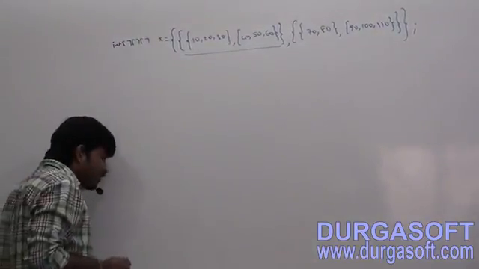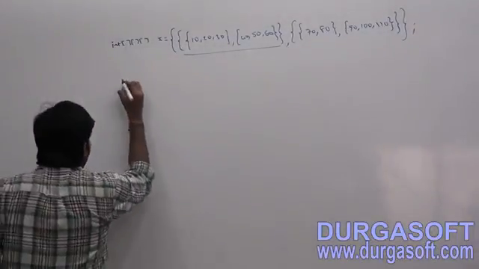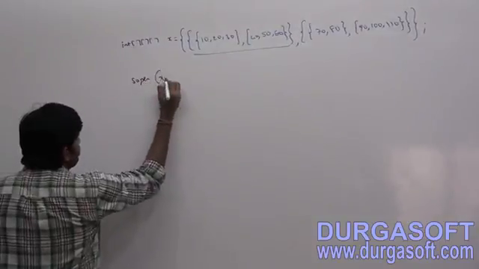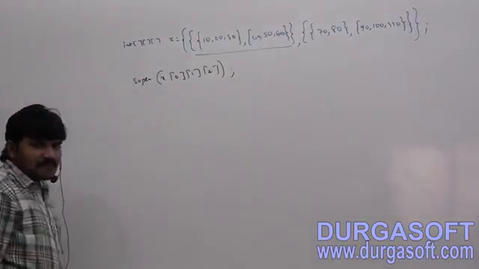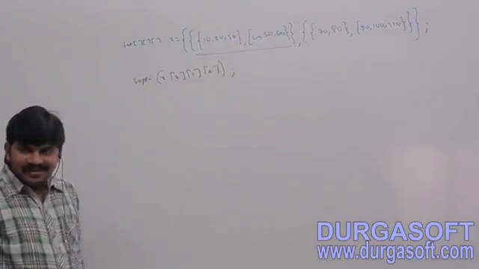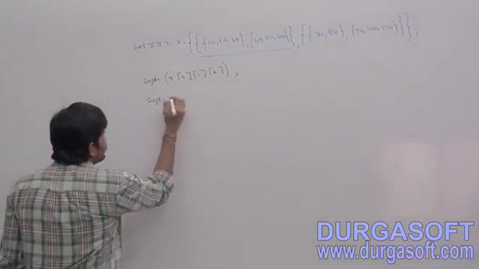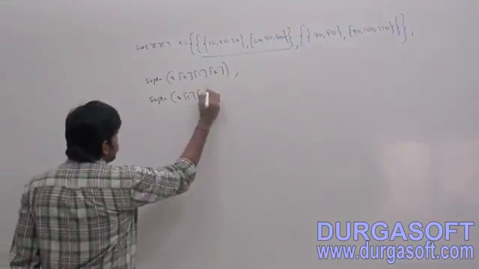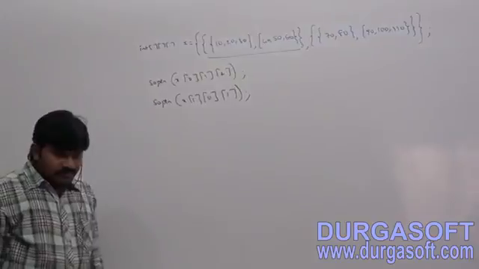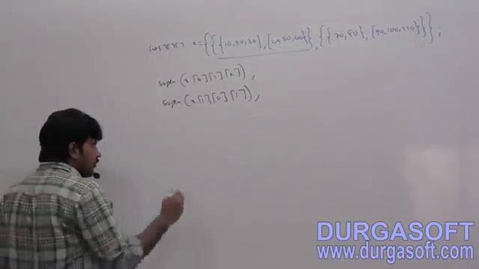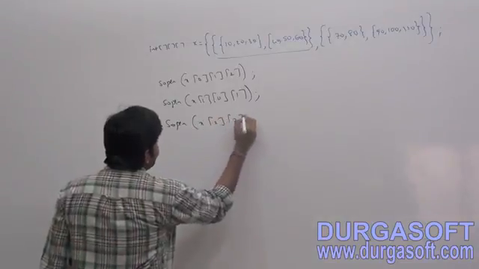Sir, can you tell what is the value of SOP of x of 0, 1, 2? What is the answer? Leave it. SOP of x of 1, 0, 1. What is the answer? Leave it. SOP of x of 2, 0, 0.